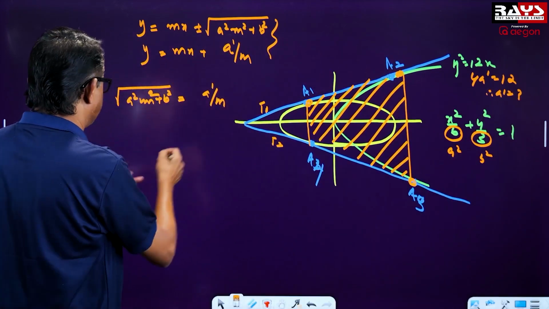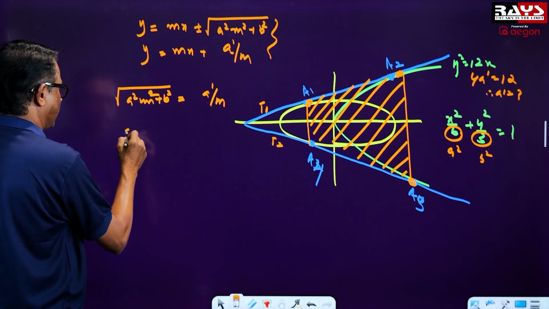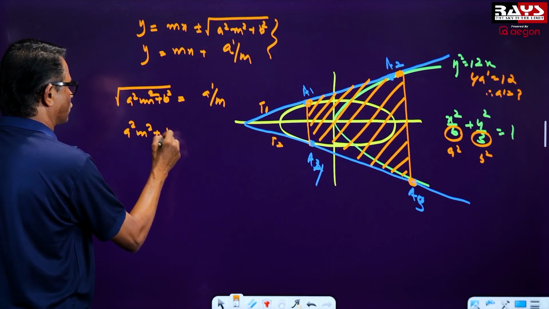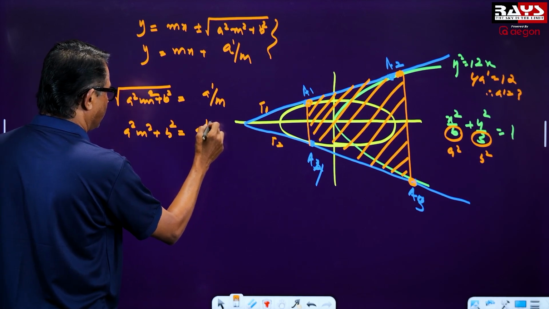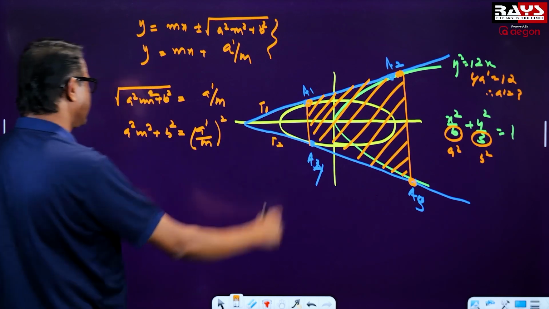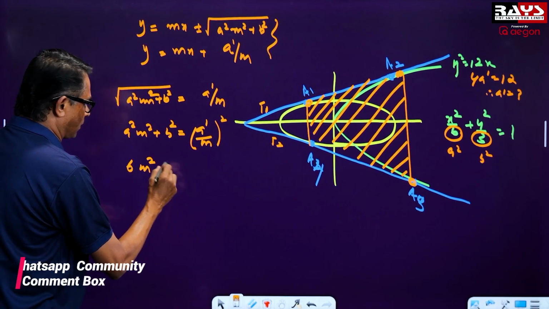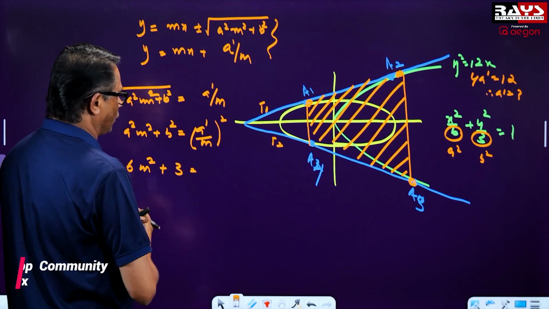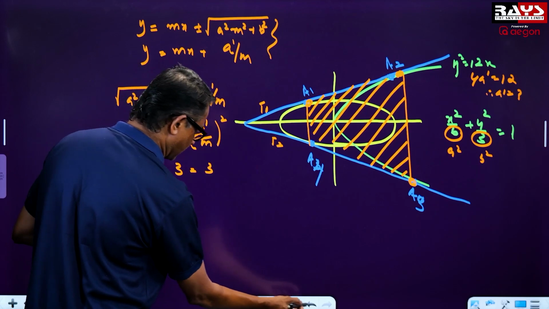So let us put these values, or let us square also. You will get a square m square plus b square equal to a dash by m the whole square. Now a square equal to 6, so 6 into m square plus b square equal to 3 equals a dash, which is 3 square.